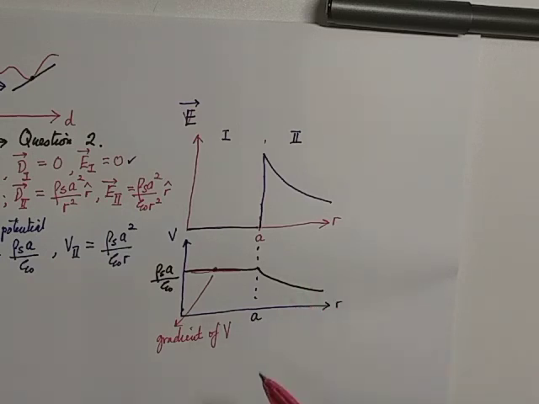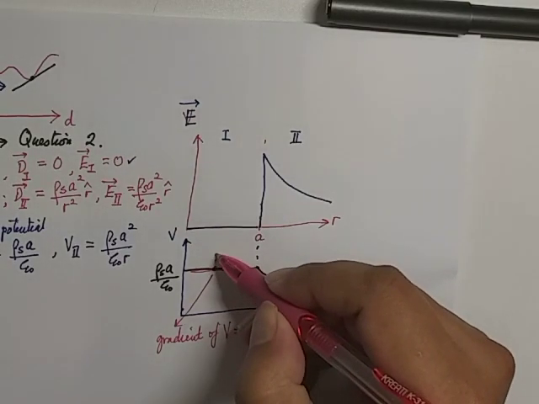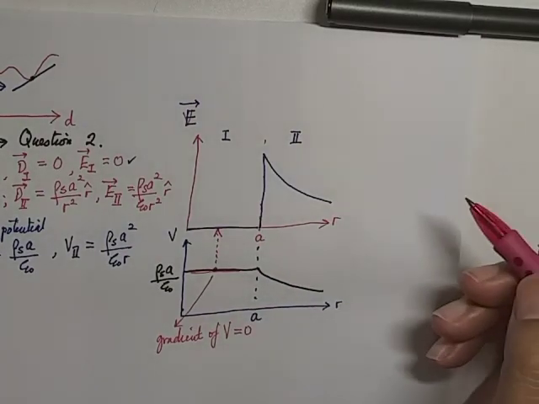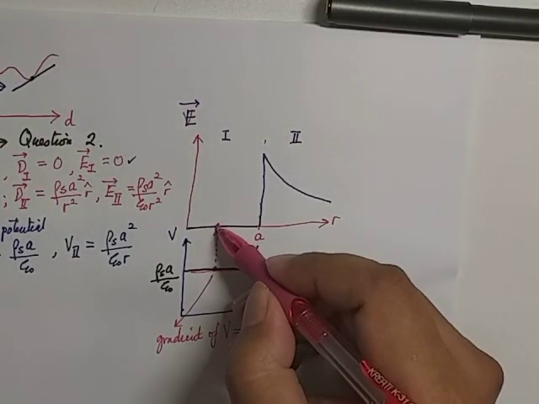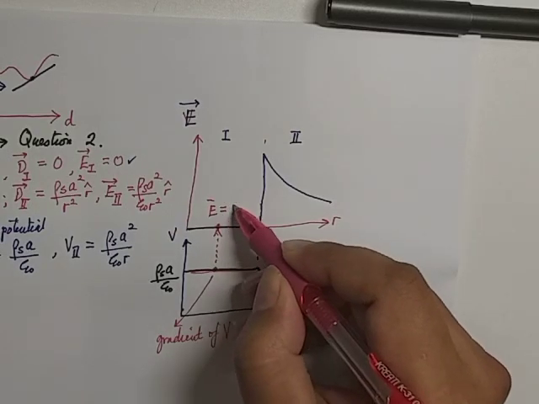You can conclude that the gradient of V is equal to 0, based on the slope of V at that point. And when we compare that to the same position on the E graph, we can see that at this point, E is equal to 0.